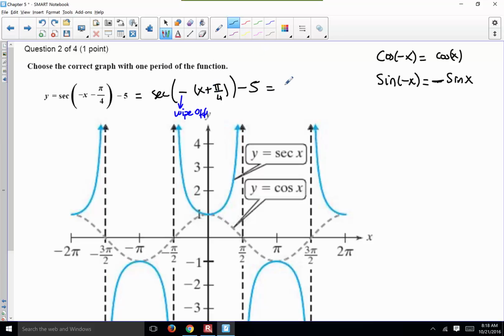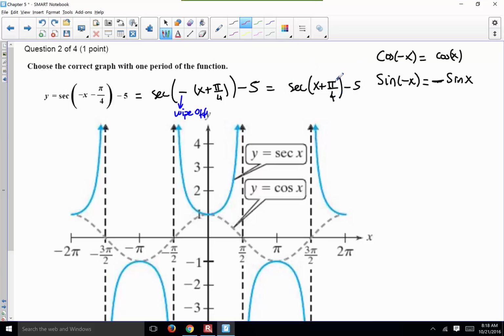So this is going to be the same as secant of x plus pi over 4, minus 5. Make sense? So they kind of tried to trick us with negatives, but we got rid of the negatives, and this is what you need to plot now.